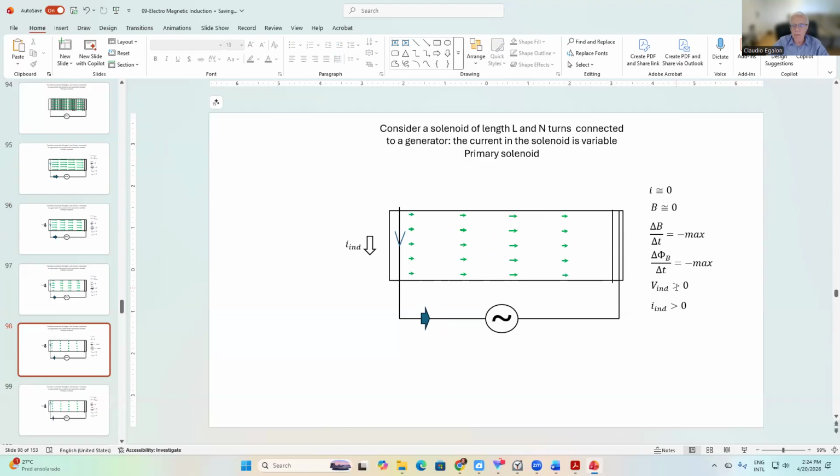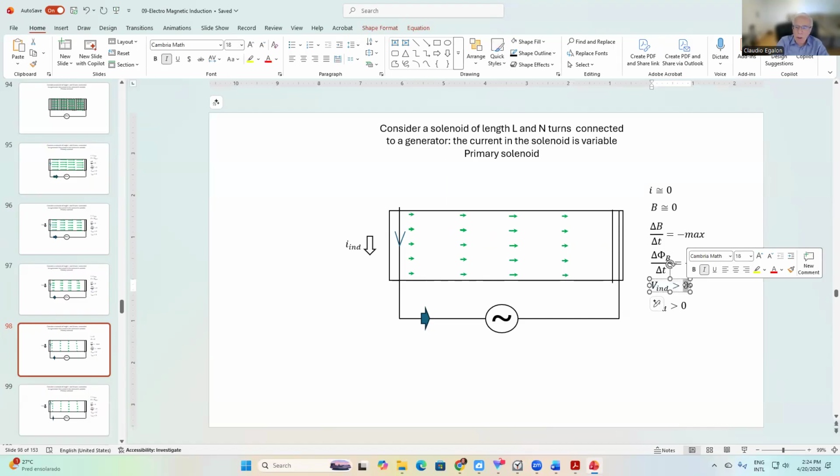And the induced voltage is also a maximum value because it has to do with the slope. That's what delta B over delta T is all about. It has to do with the slope. Here it is going to be maximum. Let's put V max.